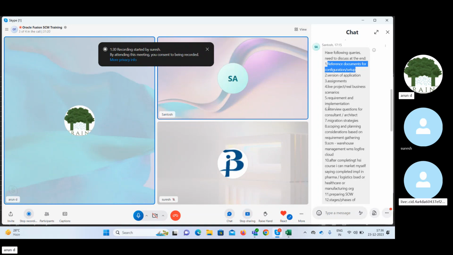I'll share that as an example, but we'll not be able to do the migration exactly. But I'll tell you how to do it, what steps are involved, what prerequisites you will need, and what would be the best practice to design your migration strategy.